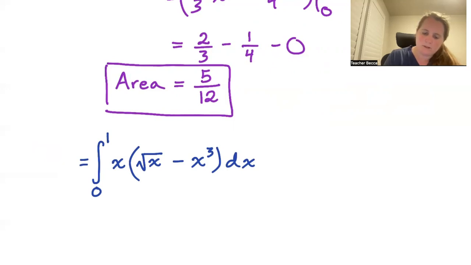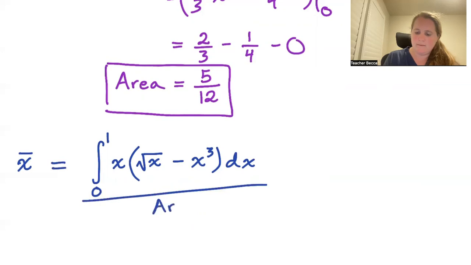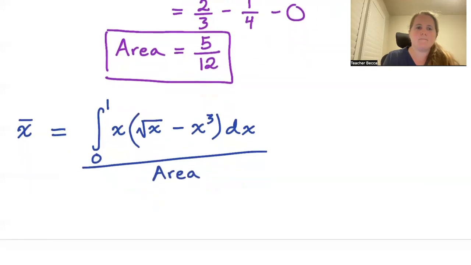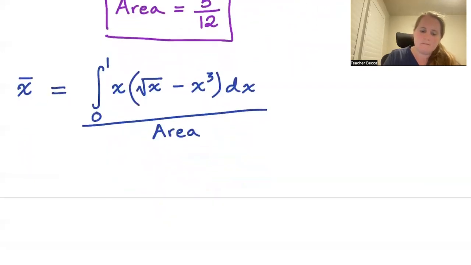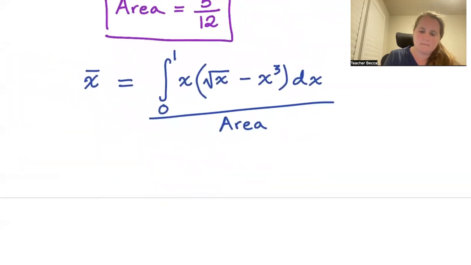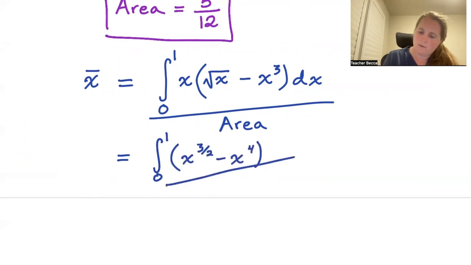Actually, let's just jump straight to finding our x bar. So for x bar, we take this integral and we divide by the area. So we are looking at the integral from 0 to 1 of x to the 3/2 minus x to the 4th all over 5/12, and I forgot my dx there.